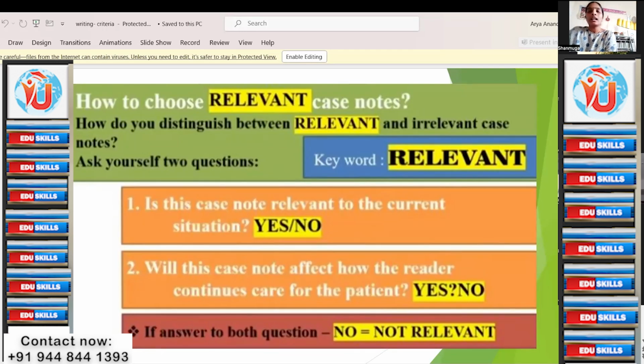So ask yourself: is this case note relevant to the current situation, or will the case note affect how the reader continues to care for the patient? If the answer to both is no, there is no need to include it in your letter. If either question gets a yes, you can include it, because it comes under semi-relevant information. If it is semi-relevant information, you will not gain more marks.